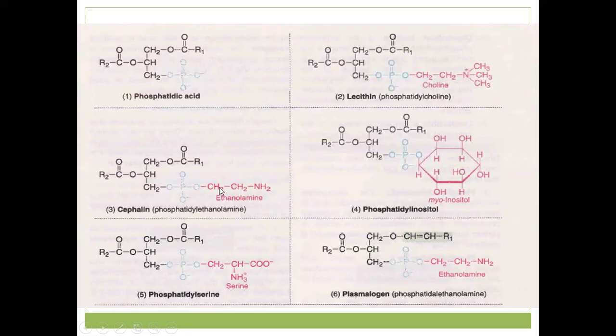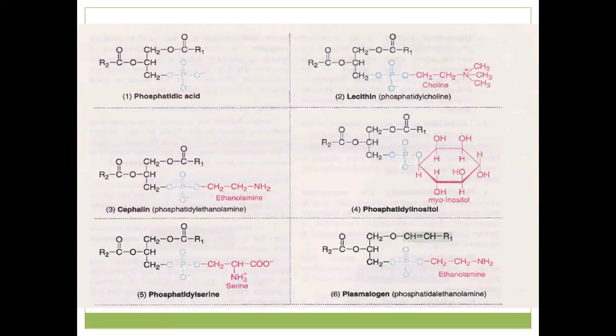Here we have phosphatidyl ethanolamine, where ethanolamine is added. You can see the added group in red. Phosphatidyl ethanolamine is also called cephalin. And here we have phosphatidyl inositol. This is inositol. And then we have phosphatidyl serine. This is the serine that was added. But in the case of sphingophospholipid, like I said, it does not contain glycerol.